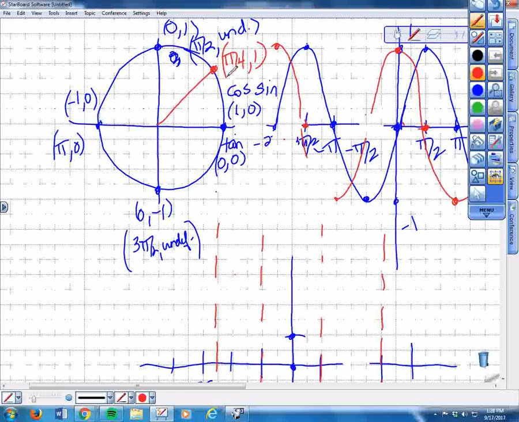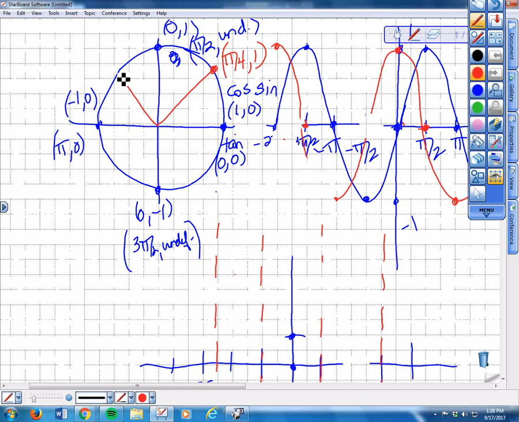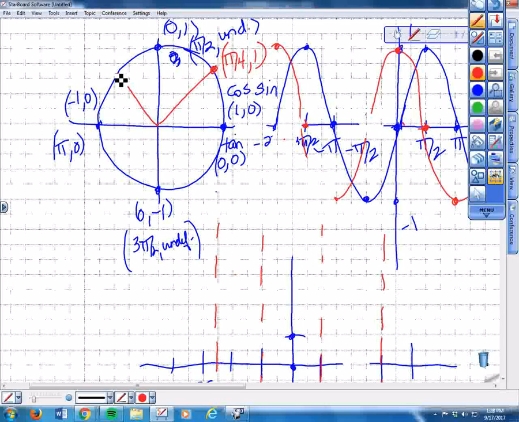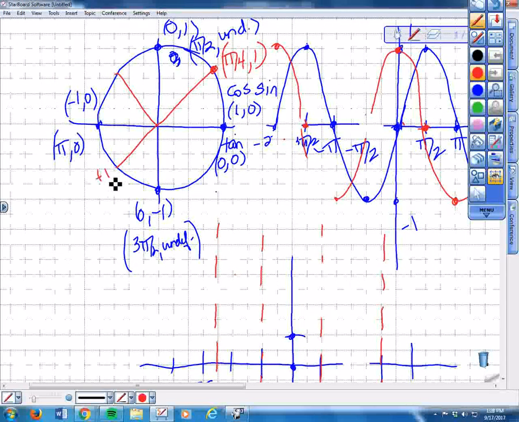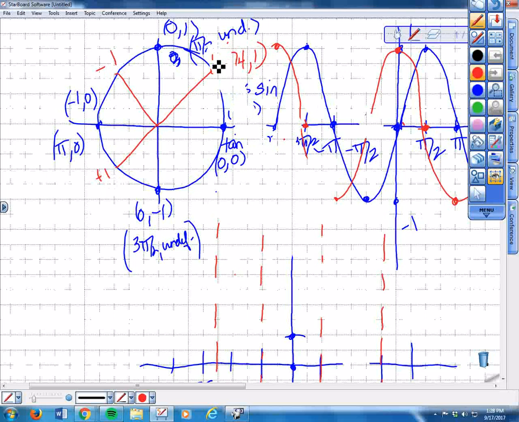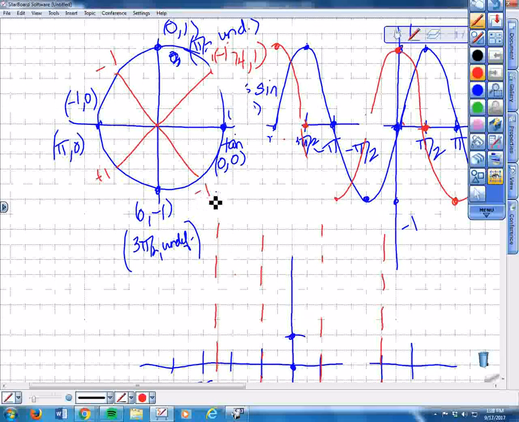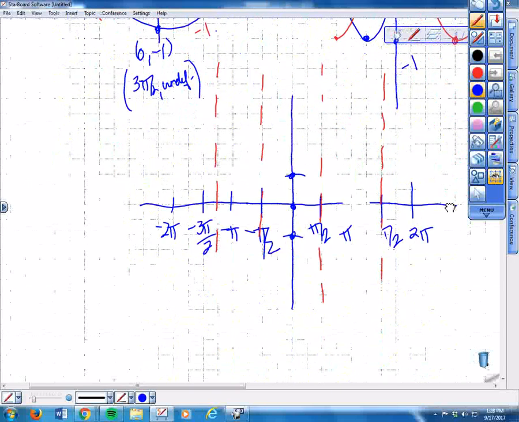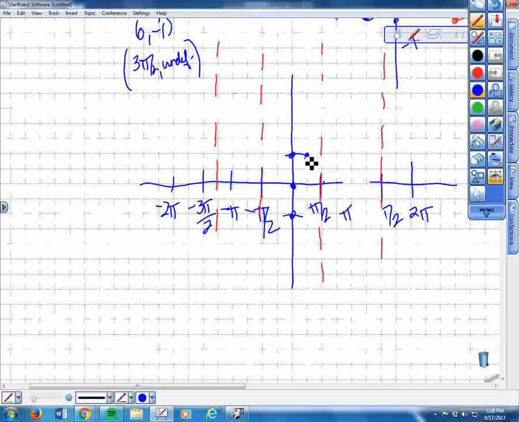And you're going to find, is it 1 or negative 1 here? Negative 1, because cosine's negative. Is it positive or negative here? Positive. Positive 1, negative 1, positive 1, and negative 1. So pi over 4 is halfway between 0 and pi over 2. It's 1 here.